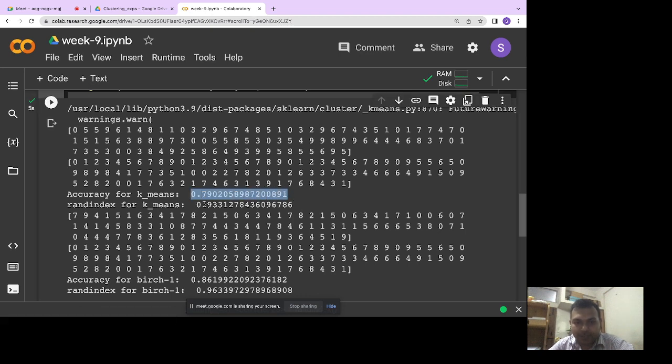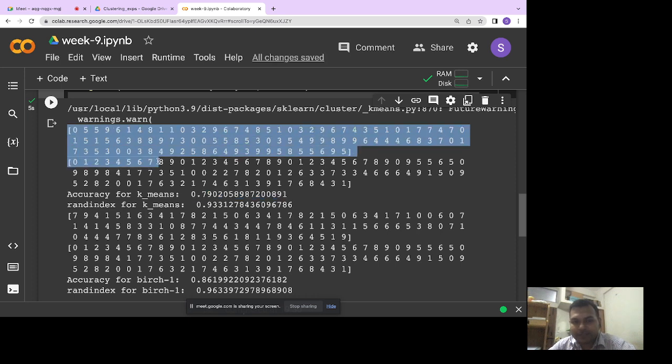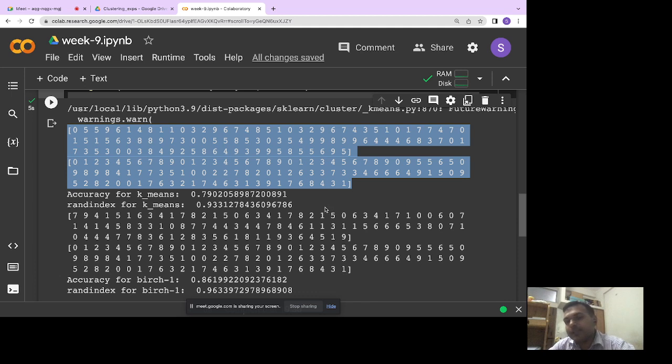Rand index another function will calculate, but accuracy, just by looking at the first 100 examples, it is very clear that of course many of them are definitely not correct. So can you say that what we are seeing here is something else, and the way we are interpreting it is not correct? Can somebody now say what is happening?